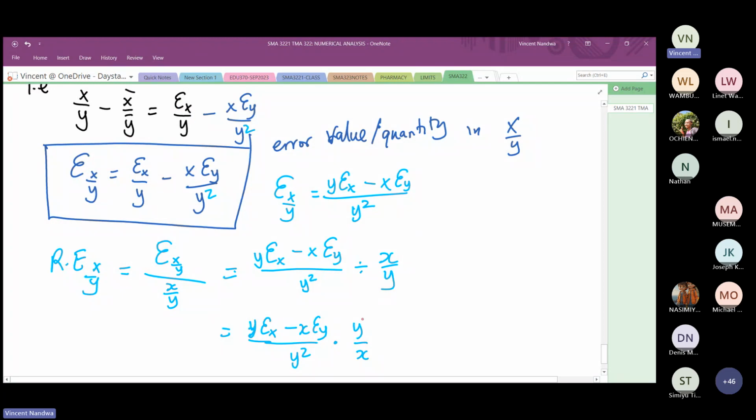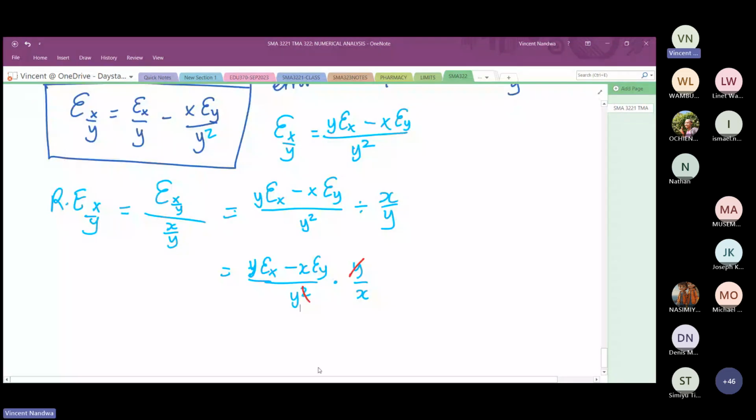Then this y cancels one y here, and we'll get y error in x minus x error in y. Then y times x is xy, which you can split as y error in x divided by xy minus x error in y over xy.